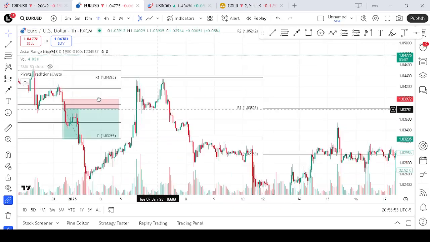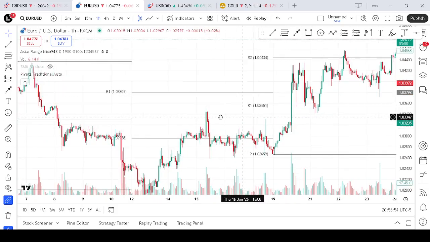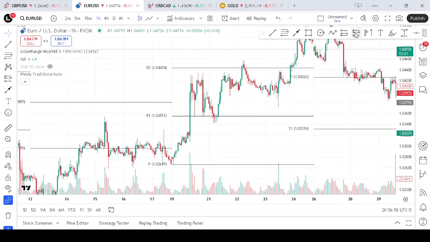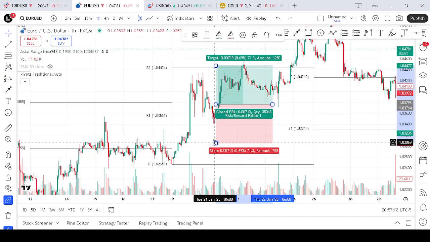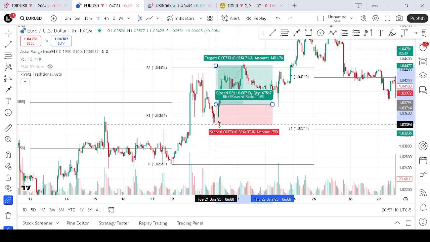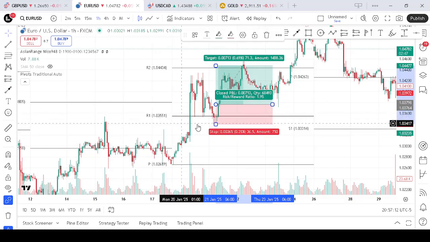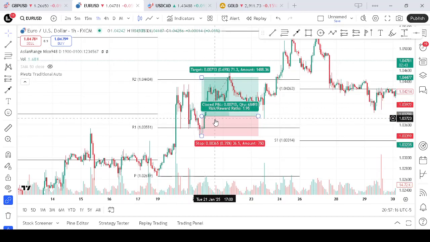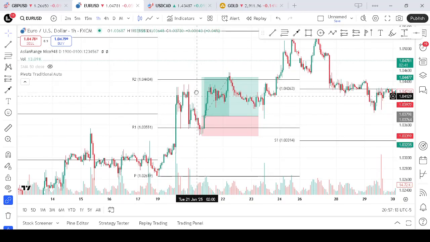Then in terms of a buying opportunity, when price broke the area with strong conviction, you can put it at this area, and we put our stop loss just below our resistance or our support area.